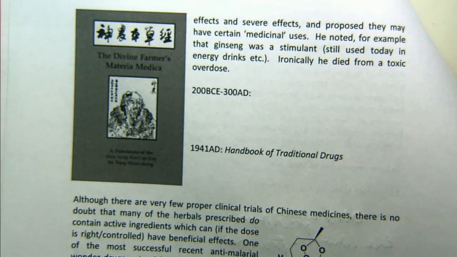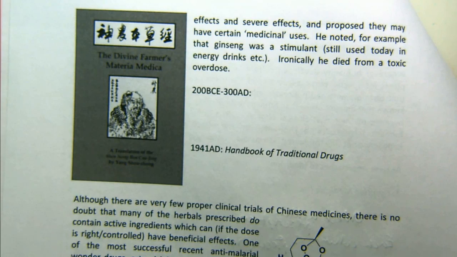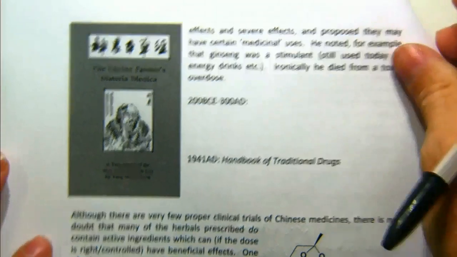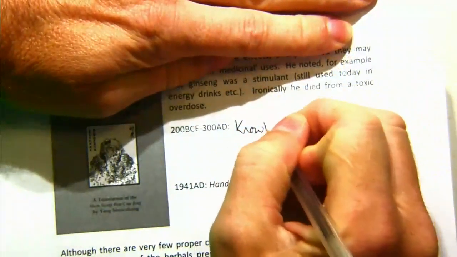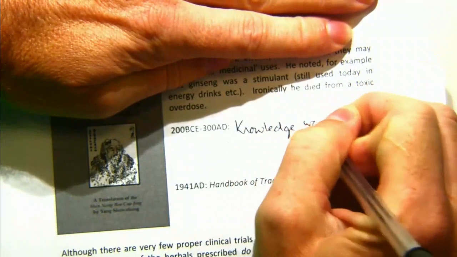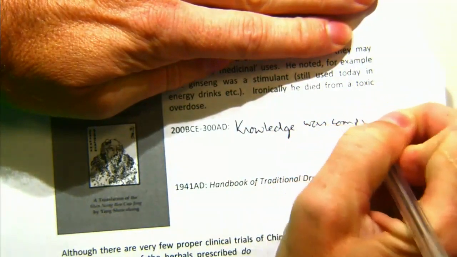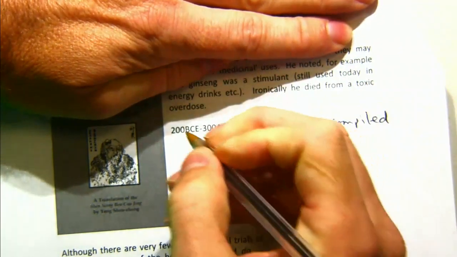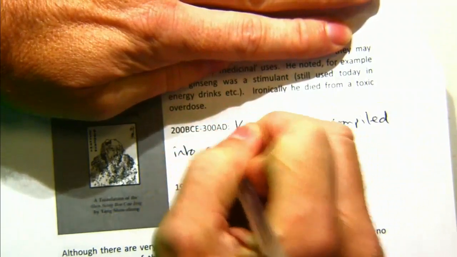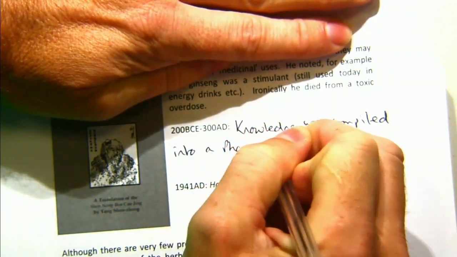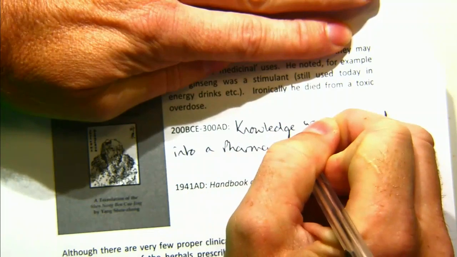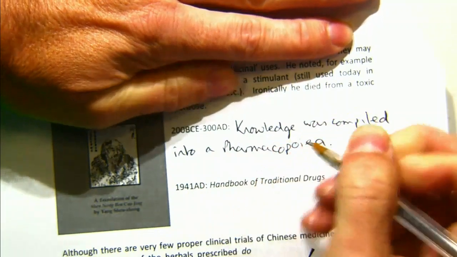And what happened about 200 BC to 300 AD is that all of the knowledge which had been orally passed on in Chinese culture up to that point got compiled into what's called a pharmacopoeia. So over this period, the knowledge was compiled into a pharmacopoeia.